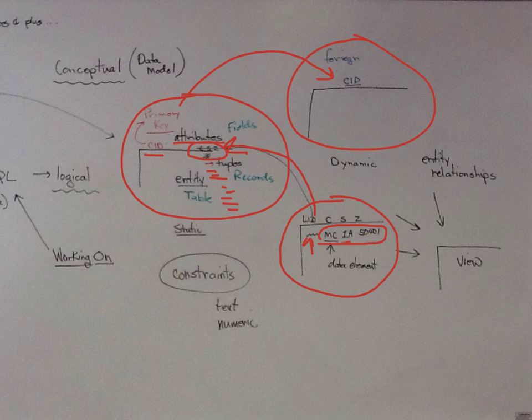Each item in there is a data element. And then these connections between the tables, entity relationships. And that's where we come up with the term relational database management system.